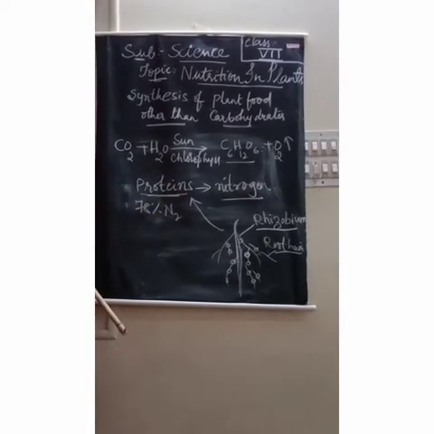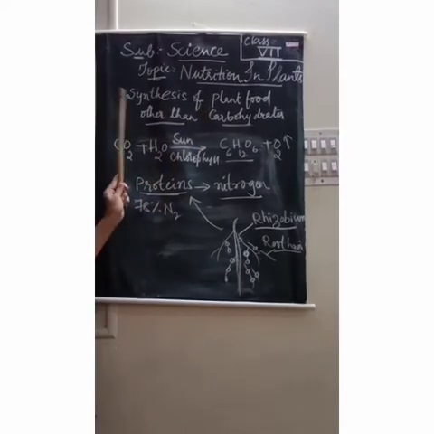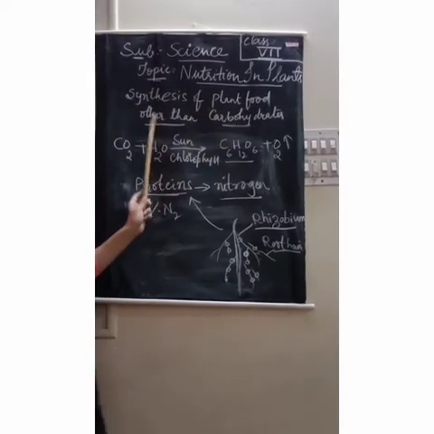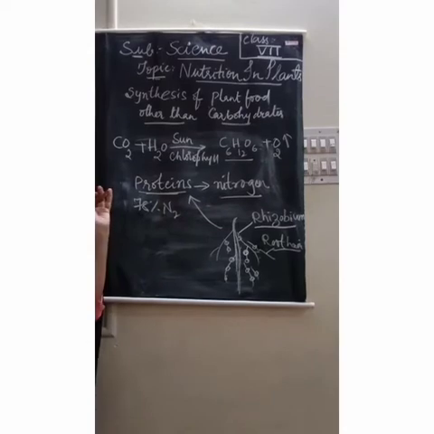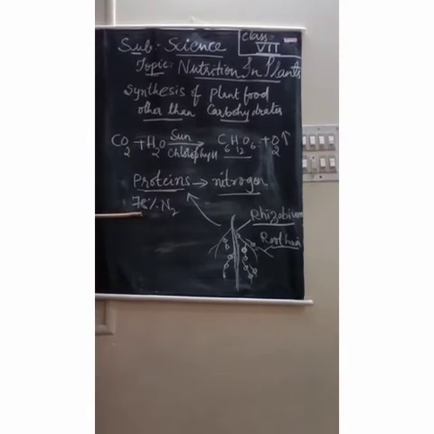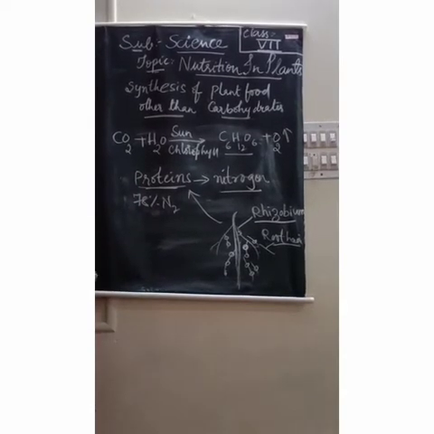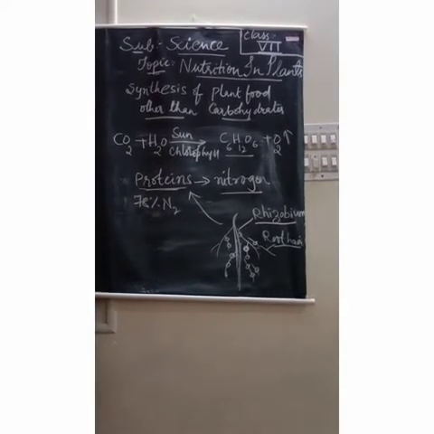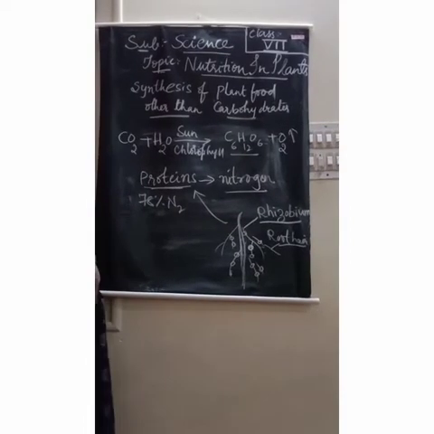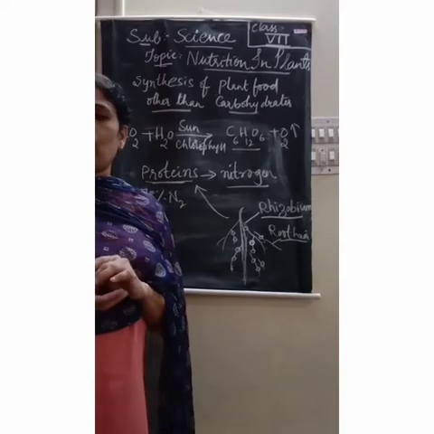Next question arises: synthesis of plant food other than carbohydrate. You understand how protein is prepared; like this, vitamins are also prepared. Very important: based on the mode of food habit, organisms are classified into autotrophs and heterotrophs.